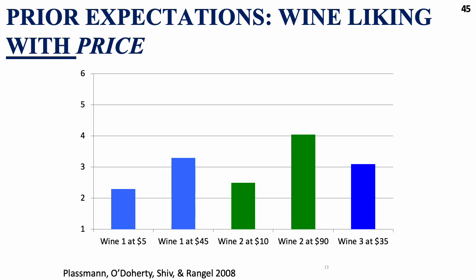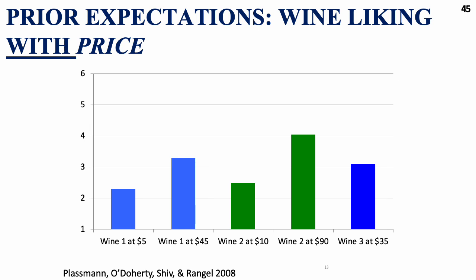This is kind of a cool example from Plassmann et al. in 2008. They looked at people's expectations of wine when they know the price of said wine. What they found quite clearly is that when people were told that the wine is more expensive, they liked it more. Wine one was liked significantly more when they were told it was $45 versus $5.